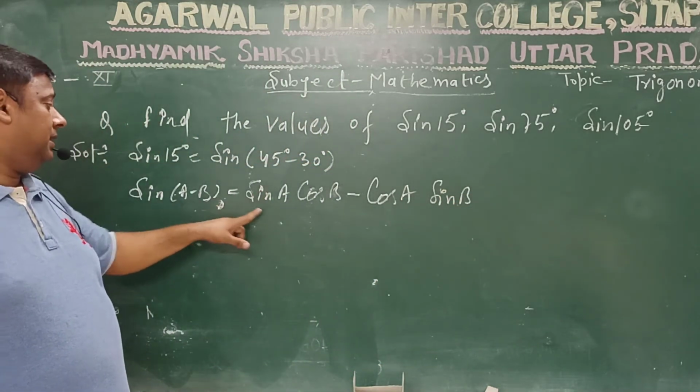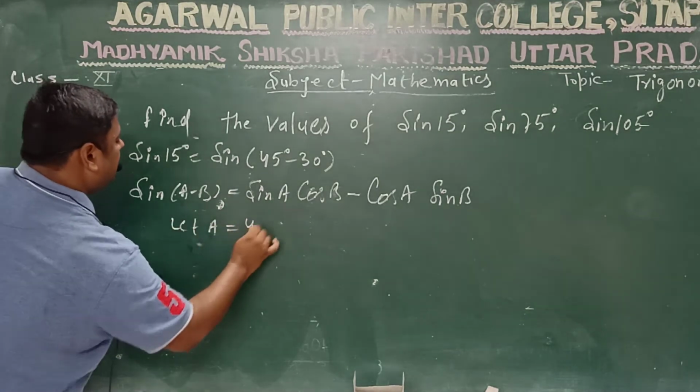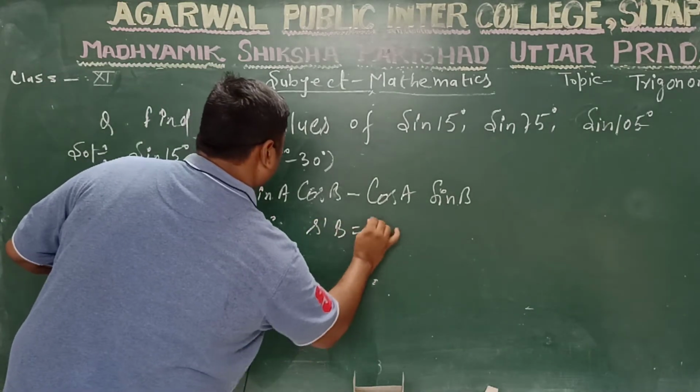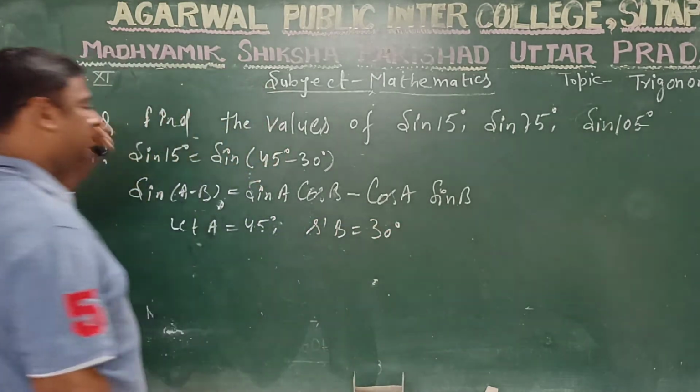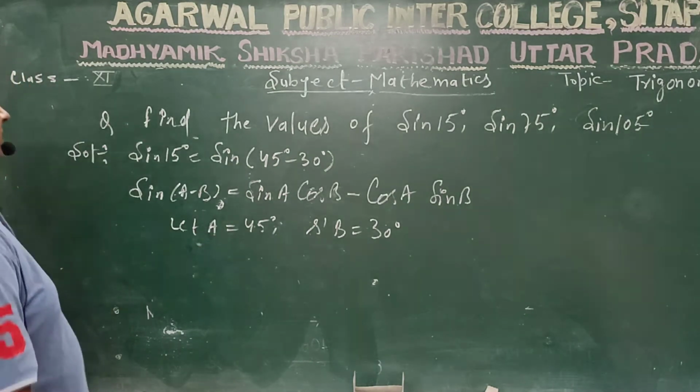Let A be equal to 45 degree and B be equal to 30 degree.